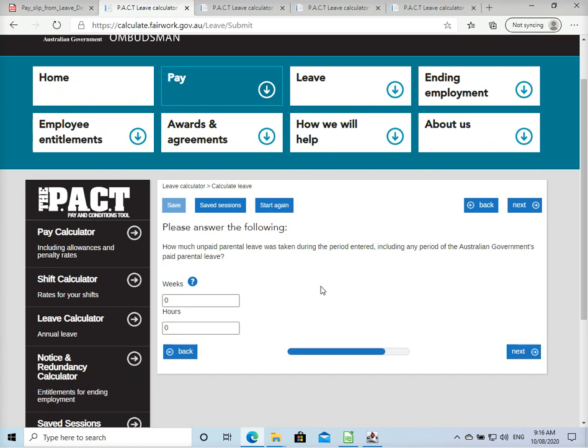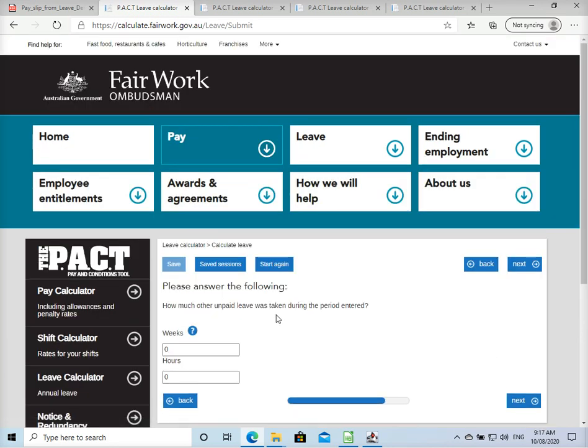Okay, so here they're asking for unpaid parental leave, including the Australian government's paid parental leave. So yes, that's where the leave without pay and unpaid parental leave can be taken into account to reduce the service period. And I've just left that at 0.